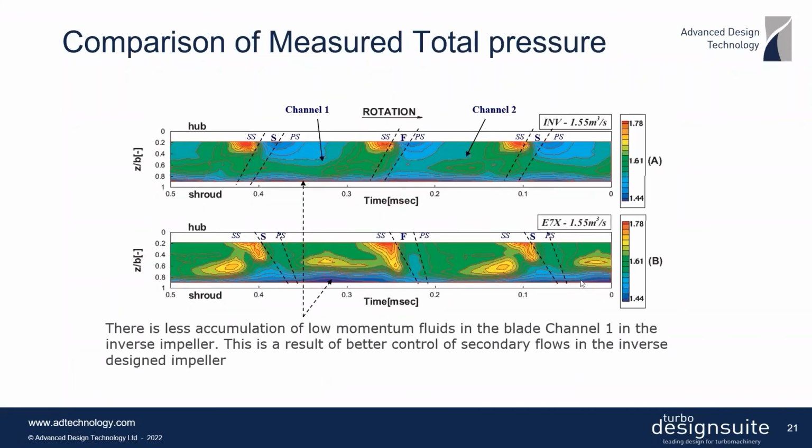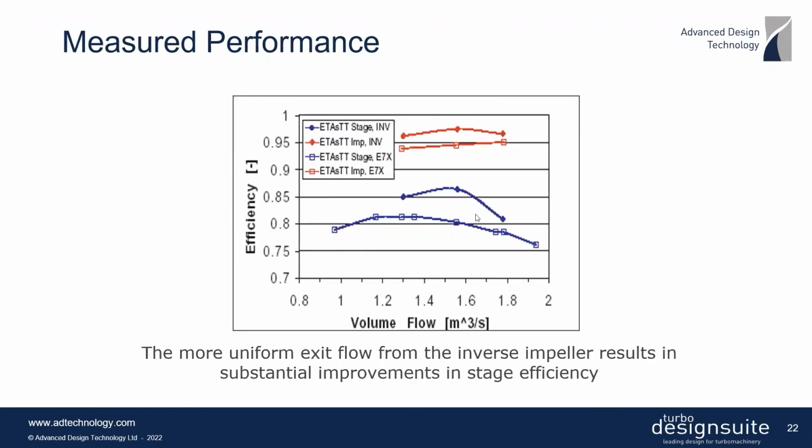And this shows you the total pressure measurement data. And again, you can clearly see a region of accumulation of low momentum fluid around the suction surface here. And this is something that's actually been eliminated from the inverse impeller. Also, using the probe measurements, it was possible to measure the efficiency at the exit of the impeller, which is shown in red here.